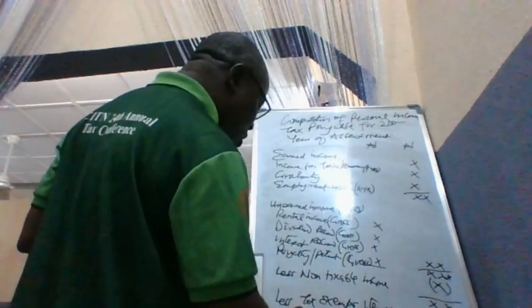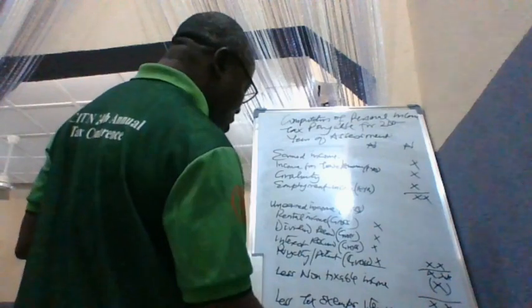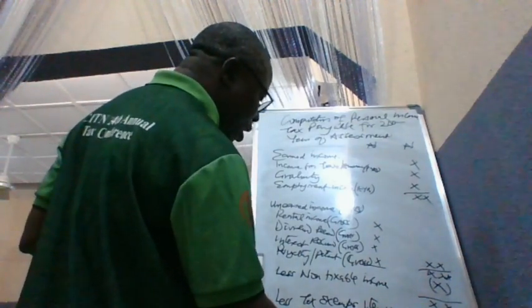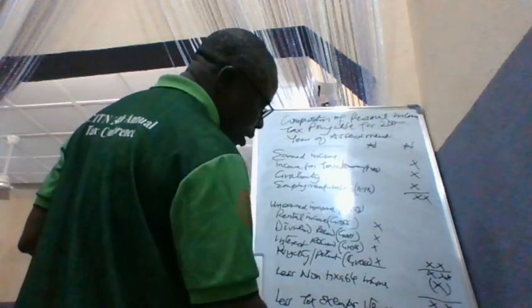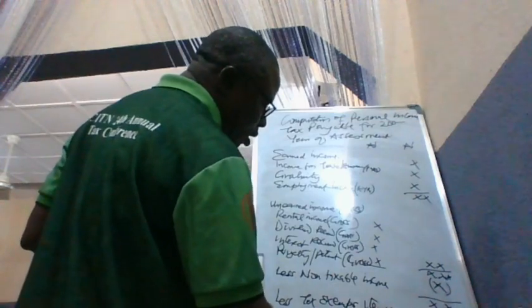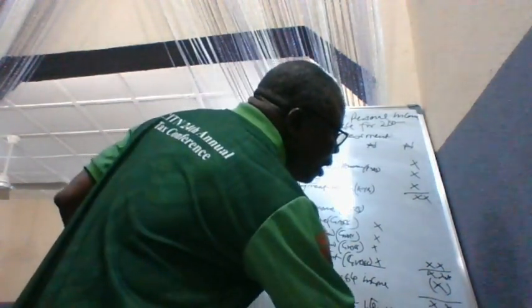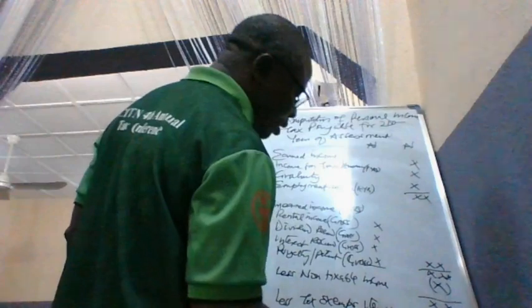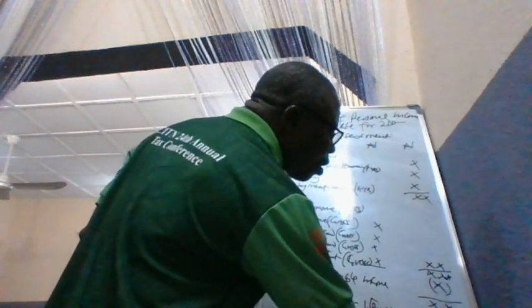National Housing Fund, National Pension Scheme, Life Assurance or Insurance, National Health Insurance Scheme, and then you add this and bring it here. It's a subtraction. Then you calculate your gross income. This now forms your gross income.